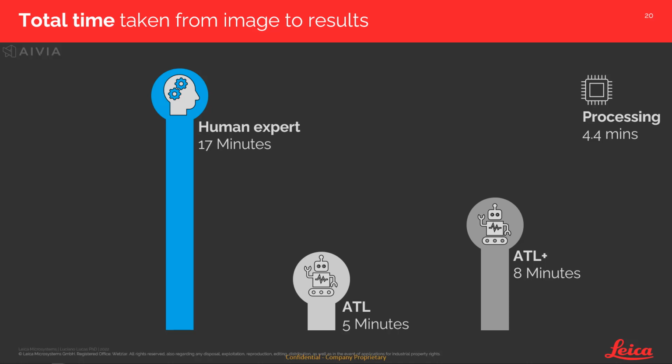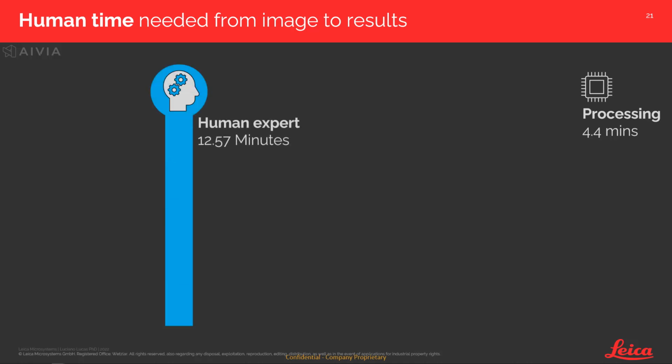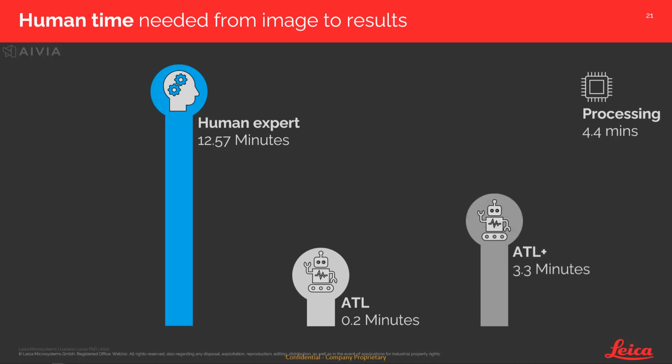So if you subtract the 4.4 minutes from all the bars, you then have 12.57 minutes for the human expert to get to a result, 0.2 minutes for Aivia to create a first result autonomously, 100% autonomously, and 3.3 minutes if you do the fully autonomous plus some human expert tweaks. So it's another 3 minutes or so of human expert tweaks.